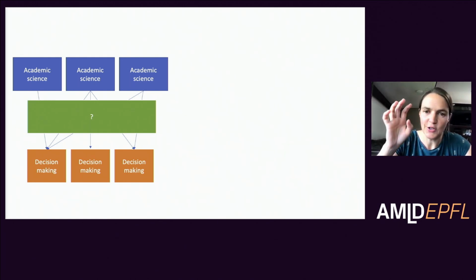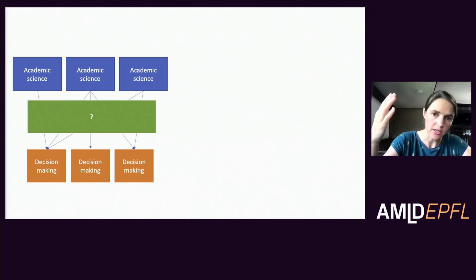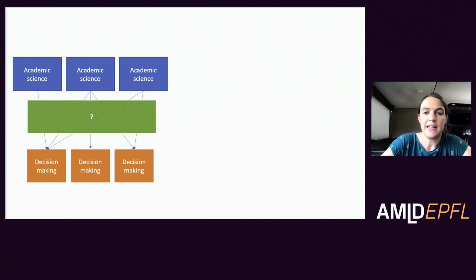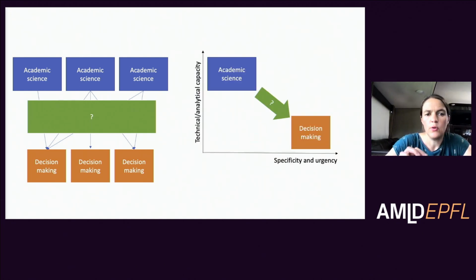The technical capacity in academia and the technical and methodological basis for what we can do now for surveillance to help policymakers is huge. But that translation hasn't happened because there's this kind of capacity gap, and the tools that we develop in academia aren't necessarily optimal for policymaking. So when you're in an epidemic, you need very specific and quite urgent results.